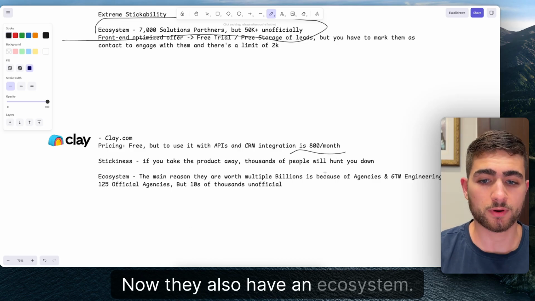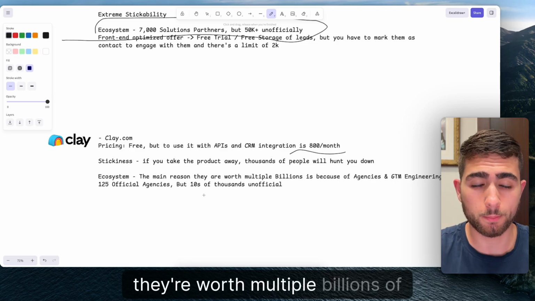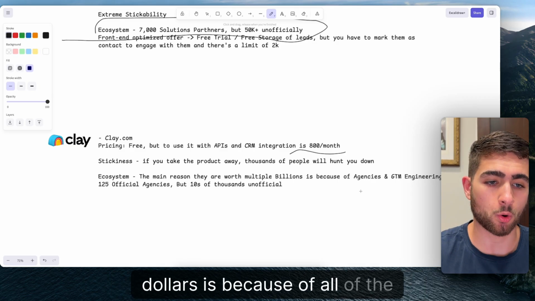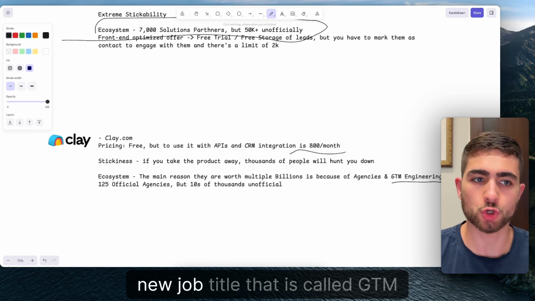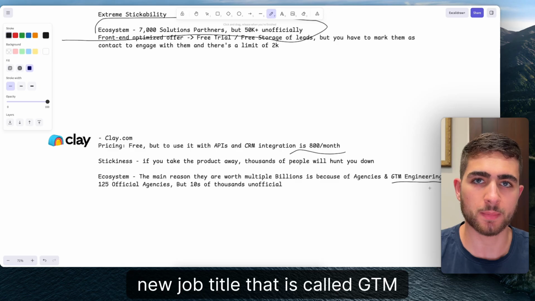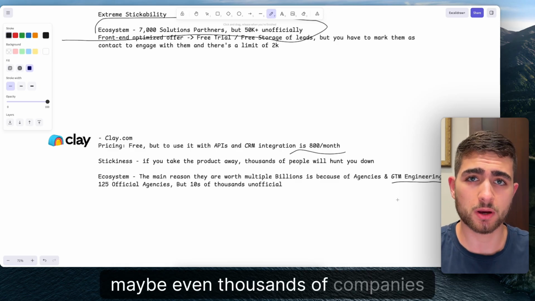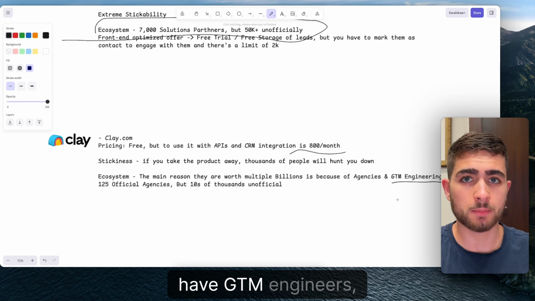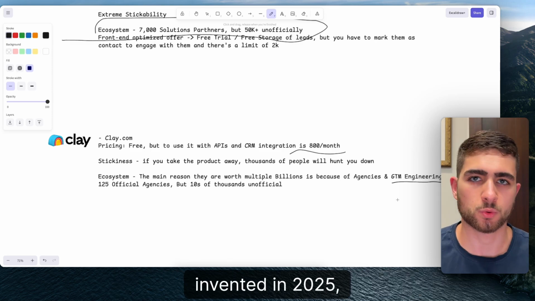Now, they also have an ecosystem. The main reason they're worth multiple billions of dollars is because of all of the agencies, and they also made up this new job title that is called GTM engineer. And now hundreds, maybe even thousands of companies have GTM engineers, which is a completely new job title invented in 2025, by the way.